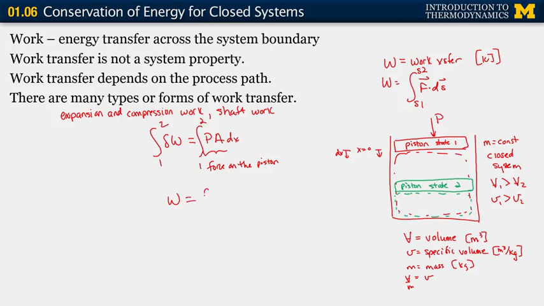And that's going to give us a system where, if we take area times dx, that is identically equal to the differential volume dV. I should have defined that earlier: the area here is the area of the piston surface.